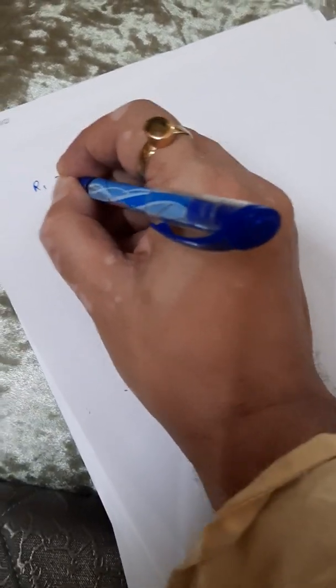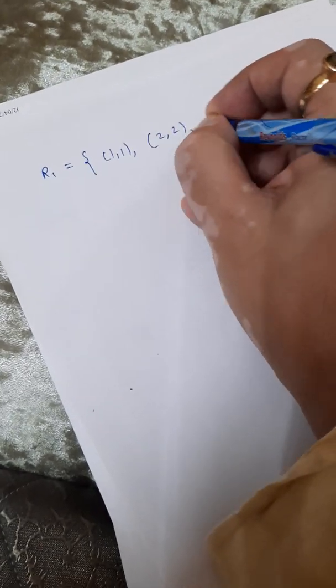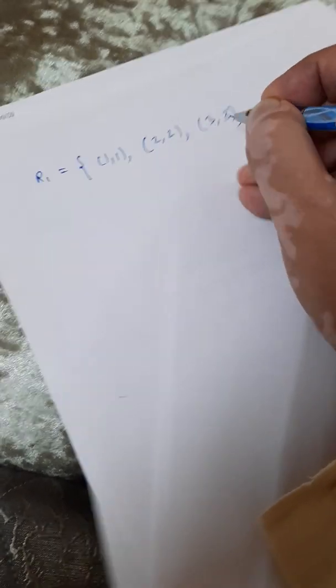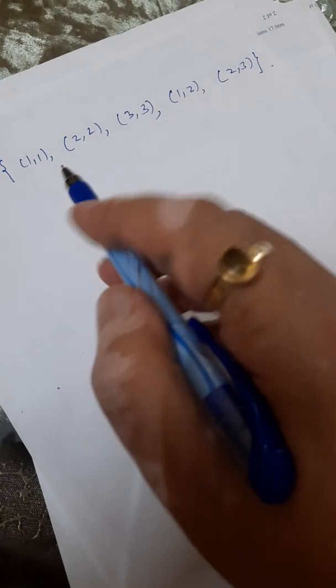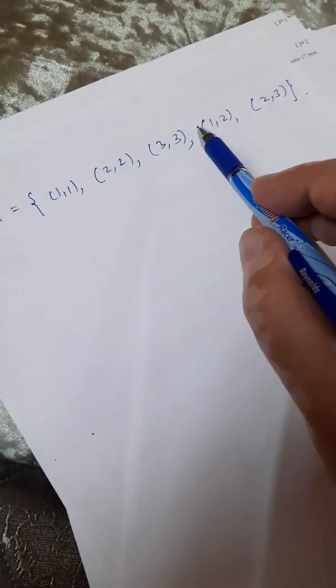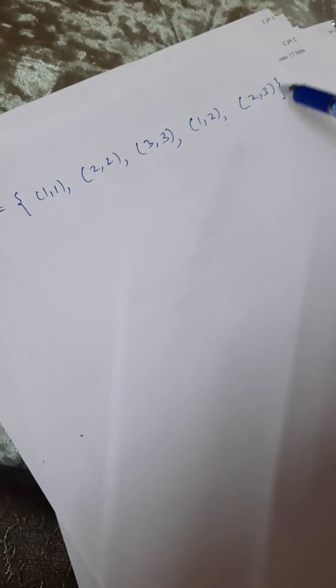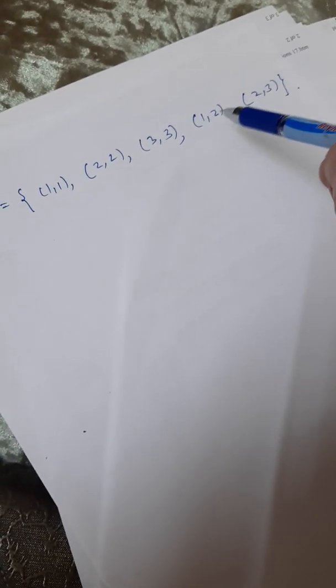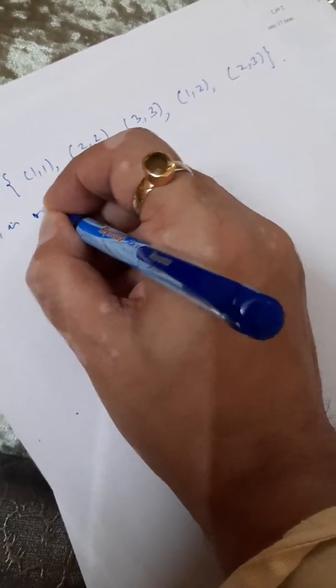So I will take R1 as (1,1), (2,2), (3,3), (1,2), and (2,3). Now it's very clear it's reflexive, it's not symmetric, and it's not transitive.